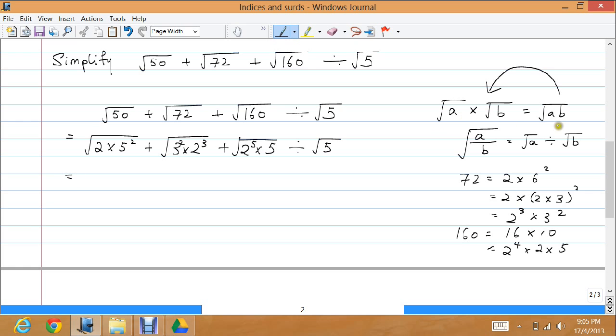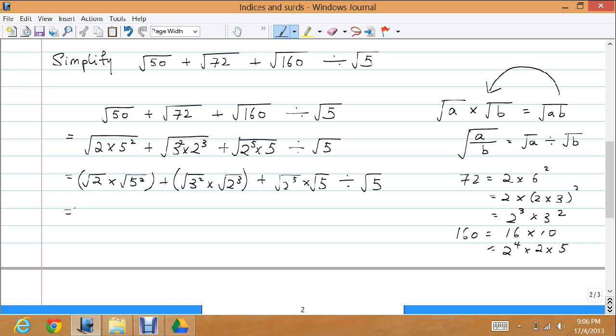Remember from our first rule, I can split up a surd into two parts. So when I split this up, I get square root 2 times square root 5 squared plus square root 3 squared times square root 2 cubed plus square root 2 to the power of 5 times square root 5 divided by square root 5.